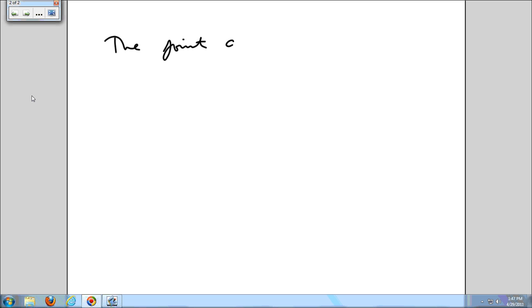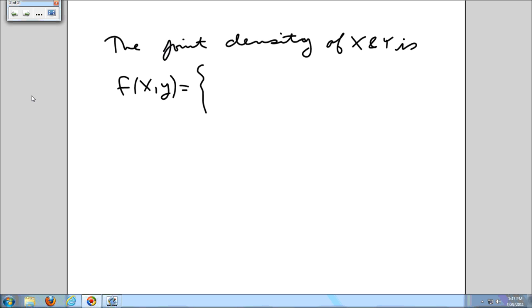The joint density of x and y is given by little f of x, y is equal to, and usually it's a piecewise function, sometimes it's 15x over 2 times 2 minus x minus y.